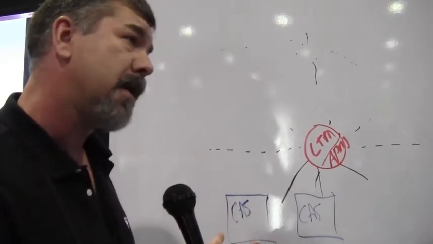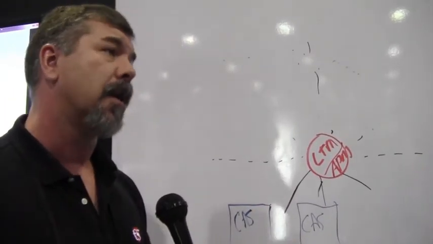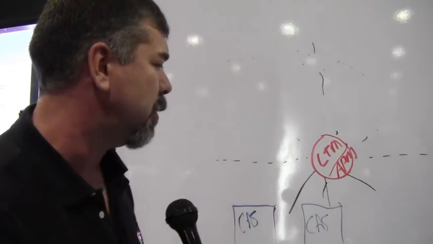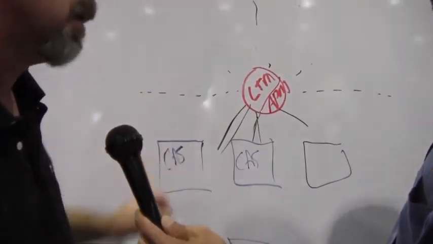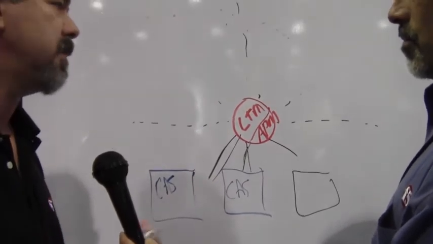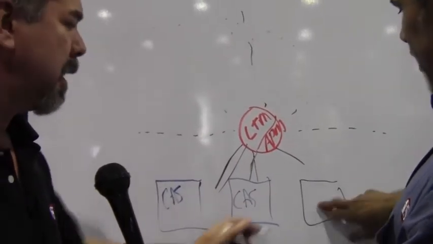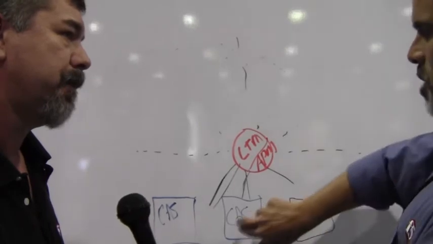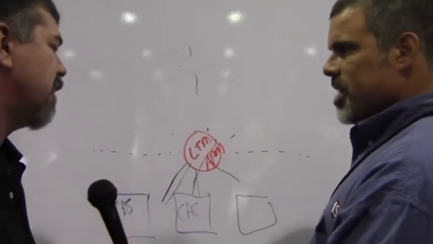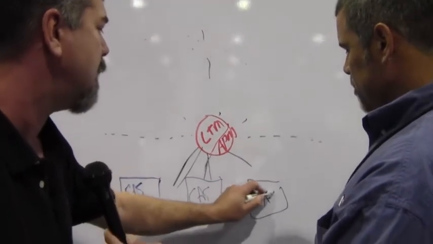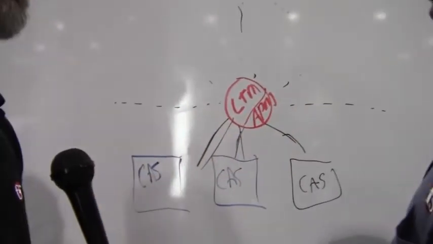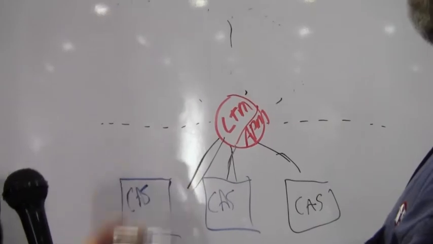In addition to that, when you're talking about health monitoring, so our intelligent health monitoring, we can actually verify that this CAS server is down. So if this CAS server is down, we're going to send all the traffic to here. So connectivity for clients, the end user experience is never affected. And this guy won't even realize that he's been moved over, the session stays intact, and he just continues on his merry way. You bet, and then when that CAS server comes back online, our health monitors pick that up, put it back into the pool, and everything's going.